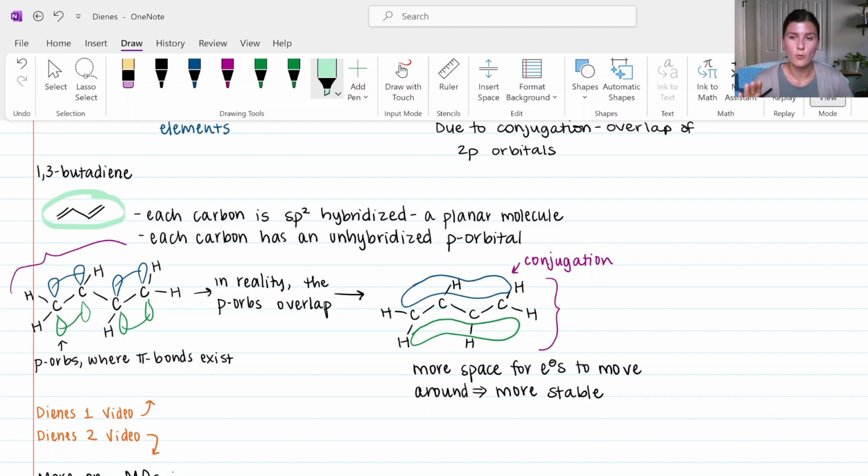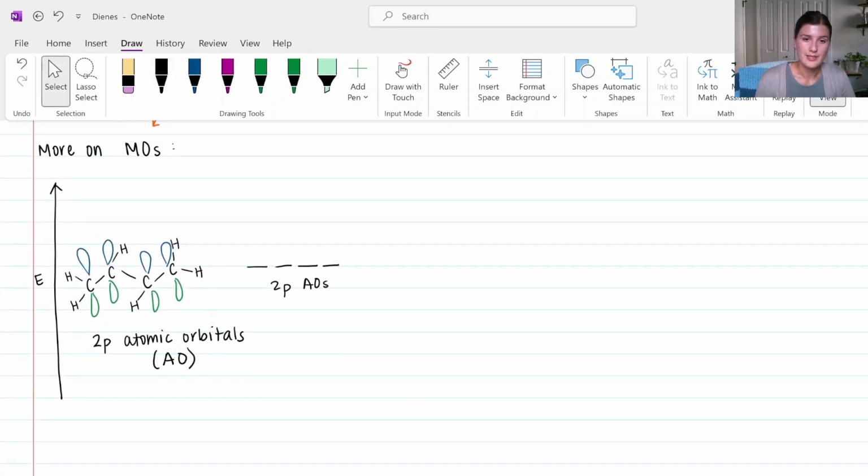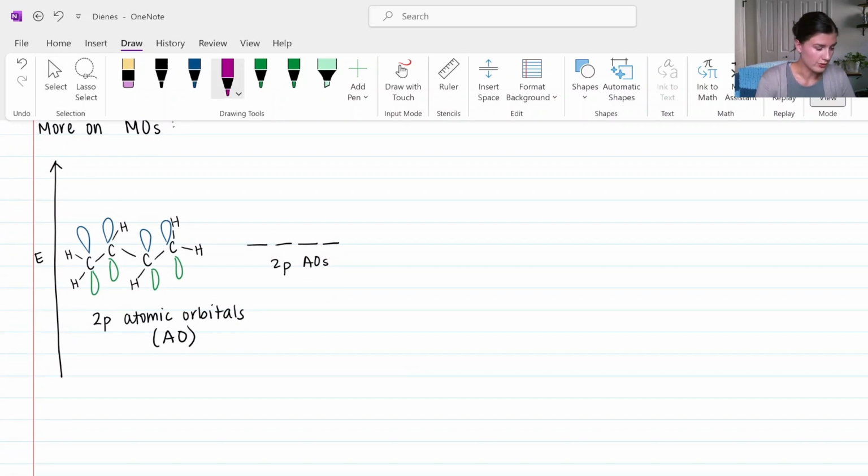So that means we have 4 total electrons in the p orbitals that are part of double bonds. So if we have 4 2p atomic orbitals that are the same energy, then we put 1 electron in each atomic orbital. Now we have our atomic orbitals, all the information we need set up on the energy scale. We can show how we combine those to form the molecular orbitals.